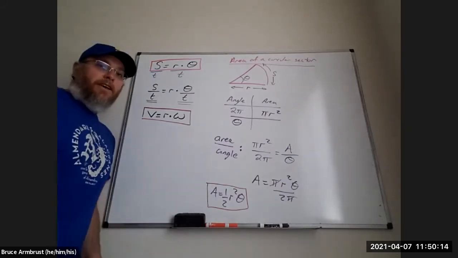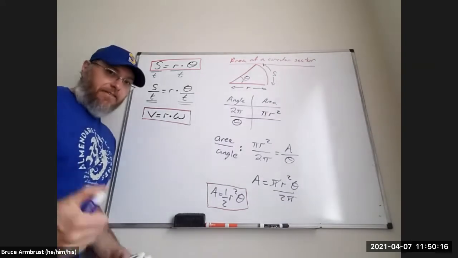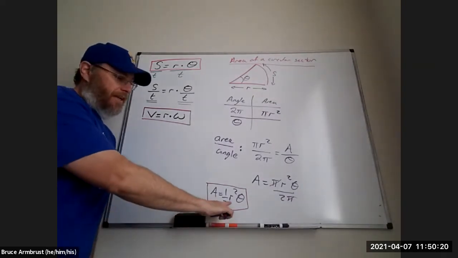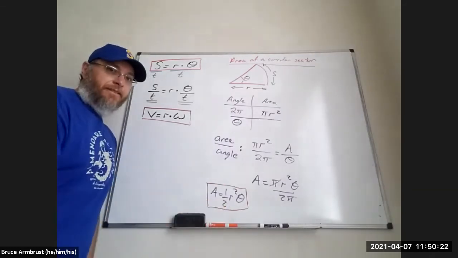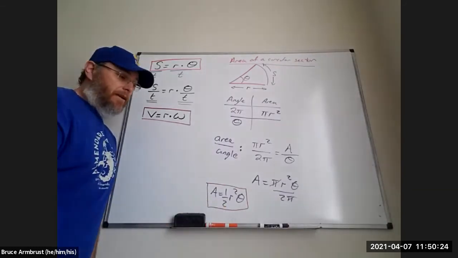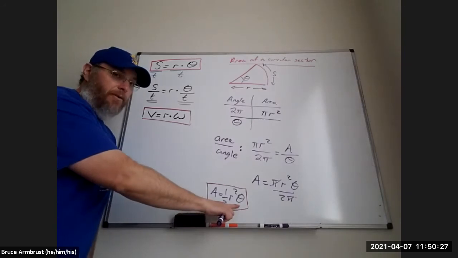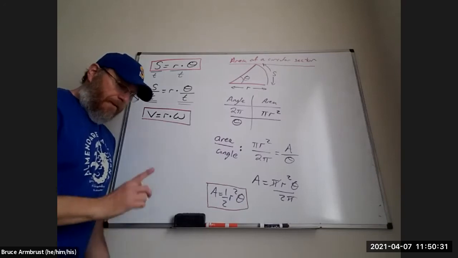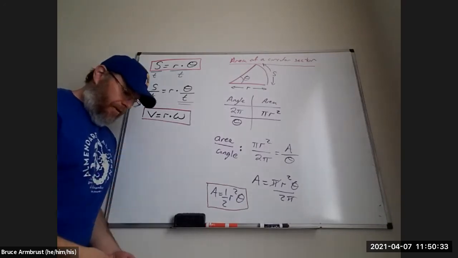So if you ever want to know the area of a slice of pizza, all you got to know is how long are the slices, what's your radius, and what rotation did you go through in radians.